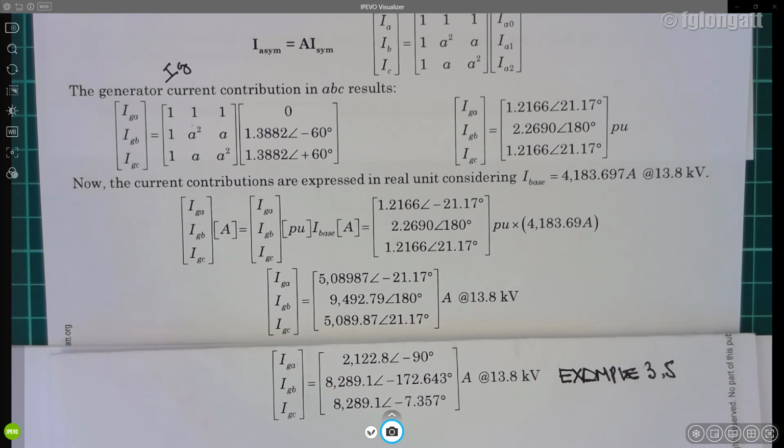But the generator phase angle and magnitudes are changed because the current is moving through the delta star transformer. And here, that phase angle is affecting this transformation when we are moving from symmetrical components to ABC.